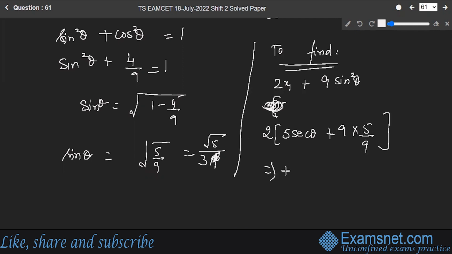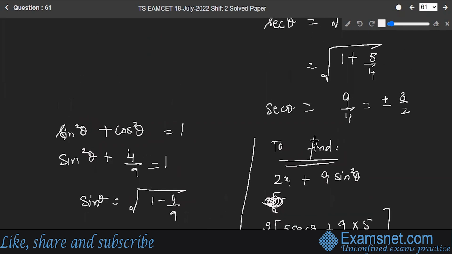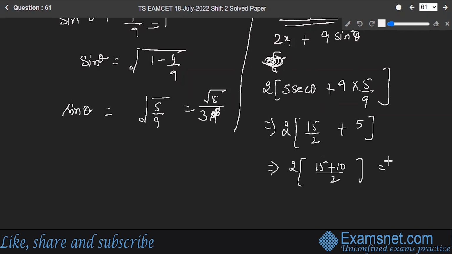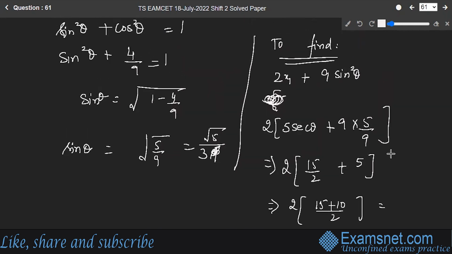So you have 5 secant theta, which we also calculated, it is 3 by 2. So 2 into 3 by 2, that's 15 by 2 plus 5.